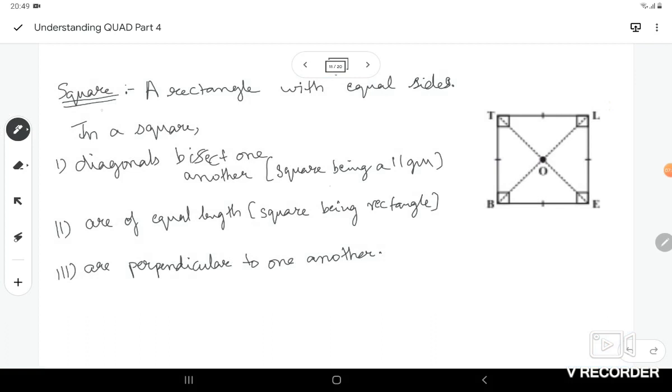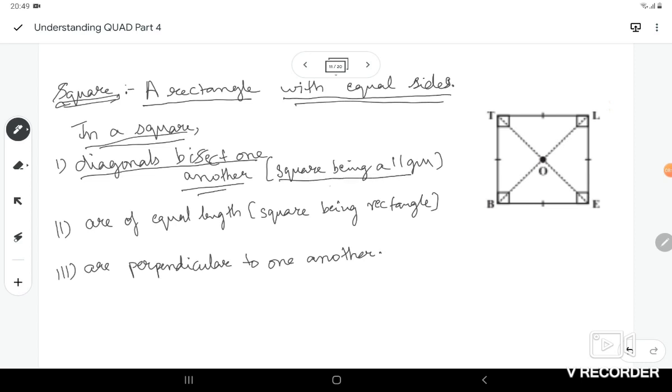Now moving on to another type of parallelogram, which is the square. A square is a rectangle with equal sides. In a square, diagonals bisect one another because a square is a parallelogram.